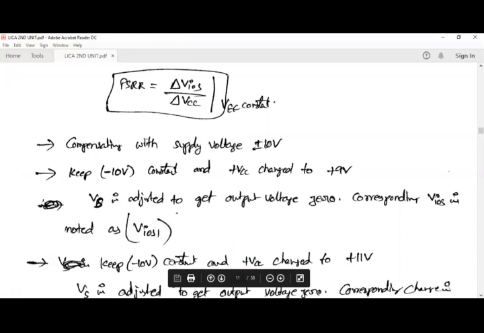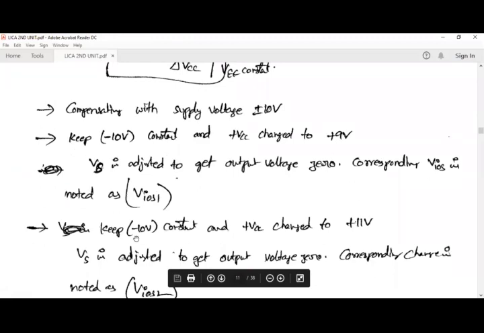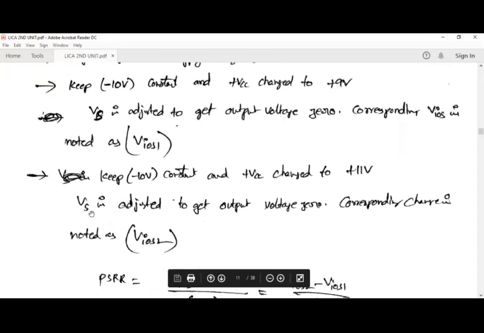Then again we are going to change the supply voltage, keeping VEE constant at minus 10 volts, and we are going to change VCC to 11 volts, increasing the value from 10 volts to 11 volts. So we are going to take two values here, VCC of plus 9 volts and VCC of plus 11 volts. Again we adjust Vs using the potentiometer, and note down VIOS2, the input offset voltage 2.